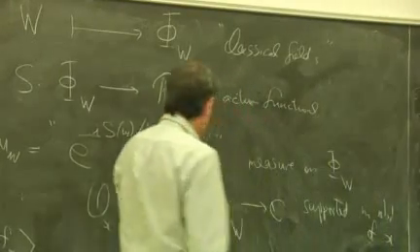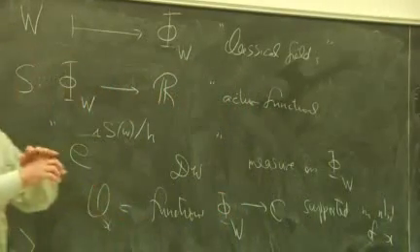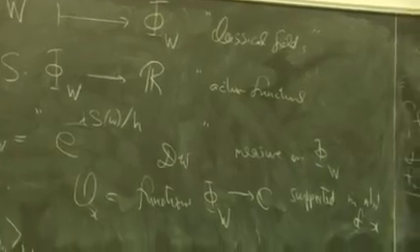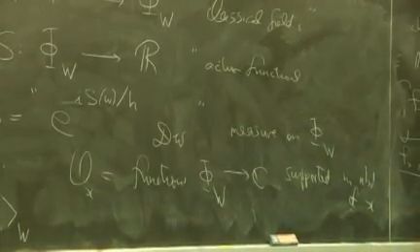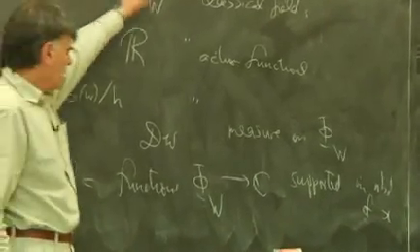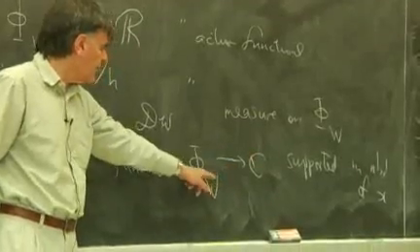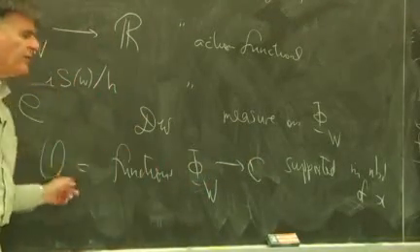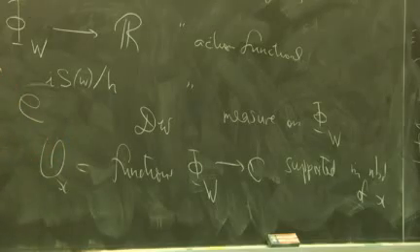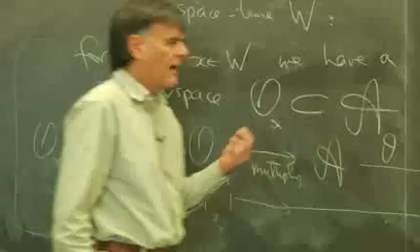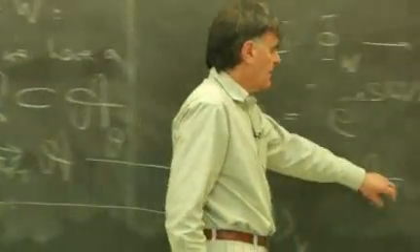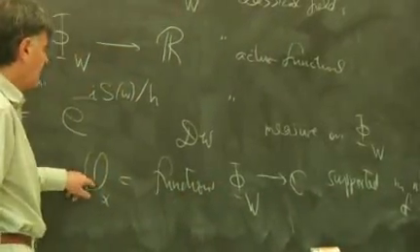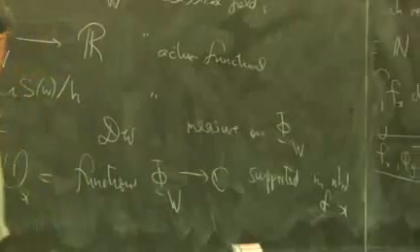So what does that mean? One of these fields is meant to be something which is locally defined. Essentially, they're functions on W. To say that a thing is supported in the neighborhood of x means that the value of this function on a field is meant to depend only on the value of the field and on its derivatives up to any order at that point. So these are contained in the C infinity functions on the space of fields.